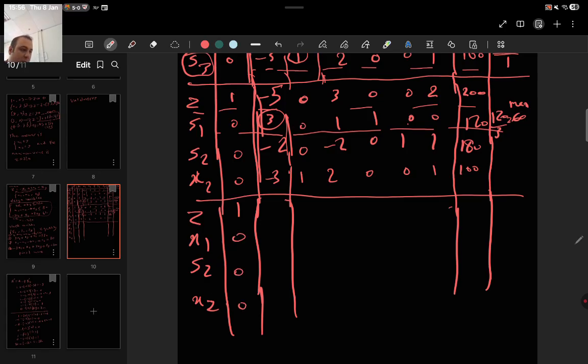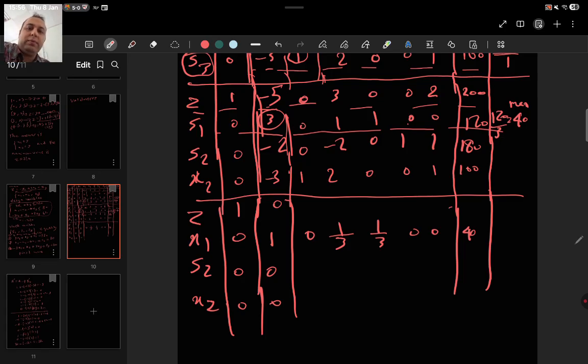One, 0, 0, 0. Which one is the pivot? This one. It should be 1, 0, 1 over 3. All of them should be divided by the pivot value: 0, 0, 40. Sorry, 40. The rest should be 0.